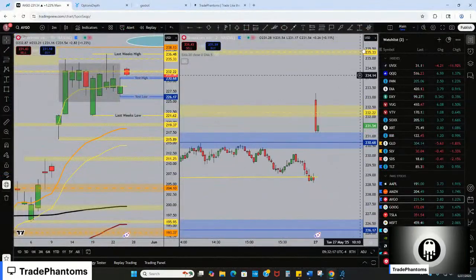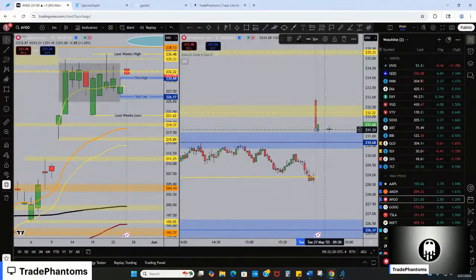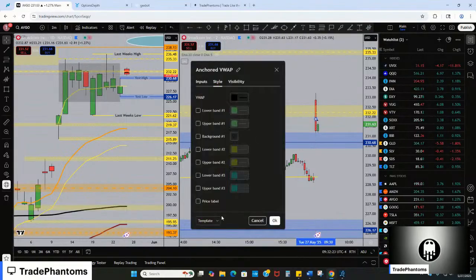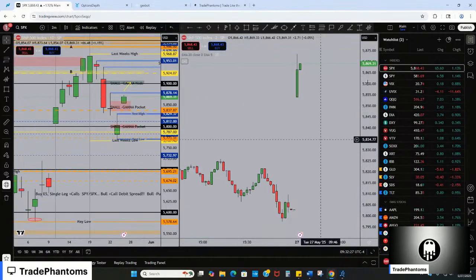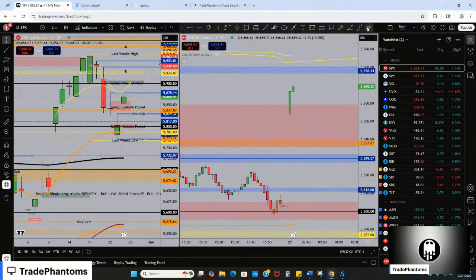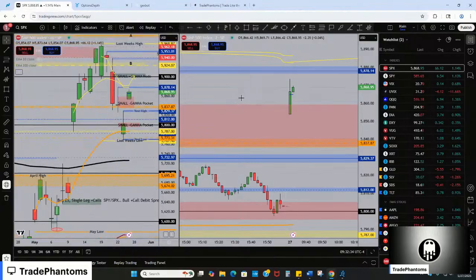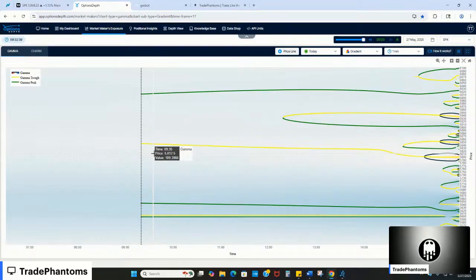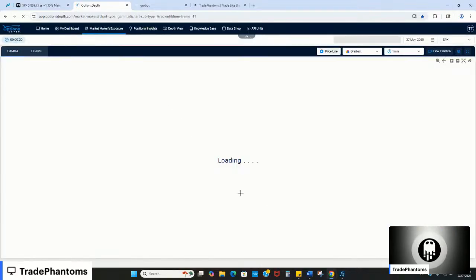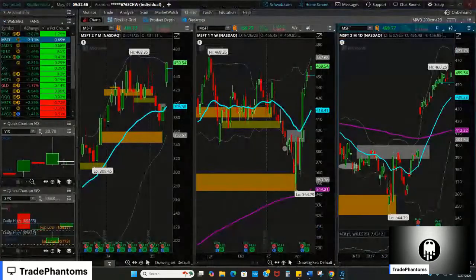Microsoft relative strength off open. Sometimes the SPX price, Microsoft and Tesla relative strength here.